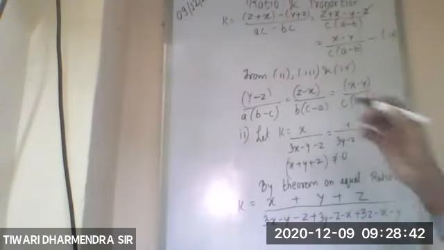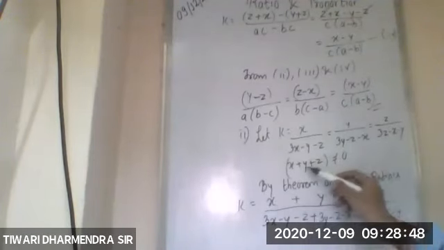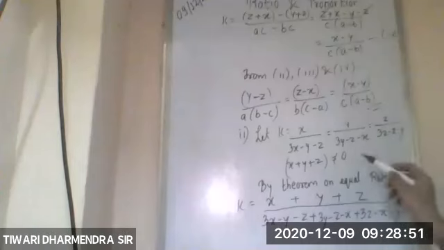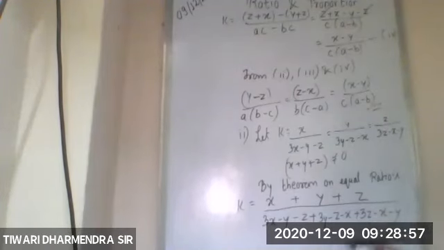I have added all three given ratios. Since the requirement is the condition x plus y plus z is not equal to 0, and we need to show that all the ratios are equal to 1, we have added, and after adding, what is our observation?